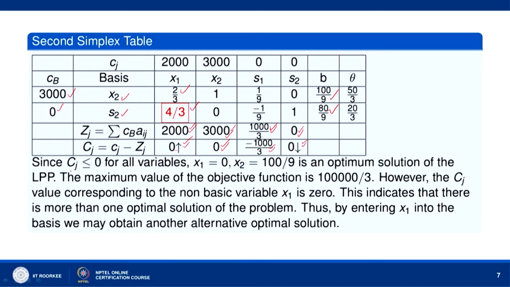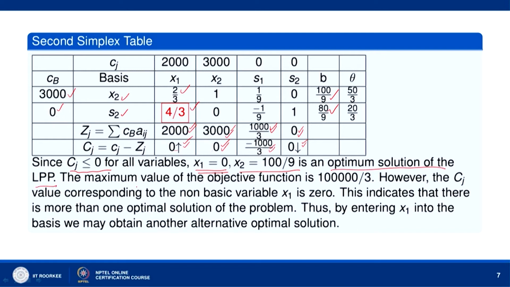So, Cj minus Zj is less than or equal to 0 for all variables. Basic variables are X2 and S2. So, X2 is equal to 100 by 9, S2 is equal to 80 by 9, X1 is equal to 0. So, X1 equal to 0, X2 equal to 100 by 9 is an optimal solution of the LPP.